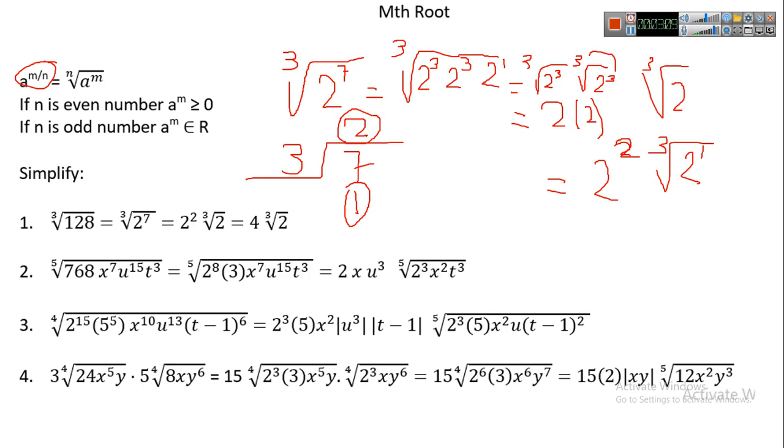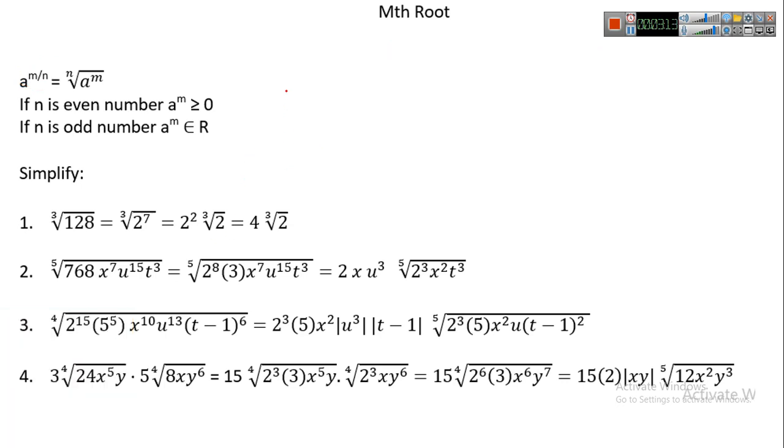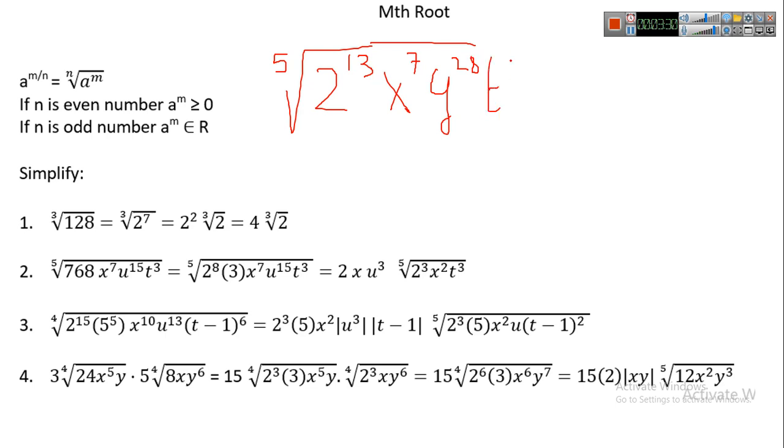Let me take more examples. Suppose you have the fifth root of 2 power 13, x power 7, y power 28 times t power 4. I told you to simplify.